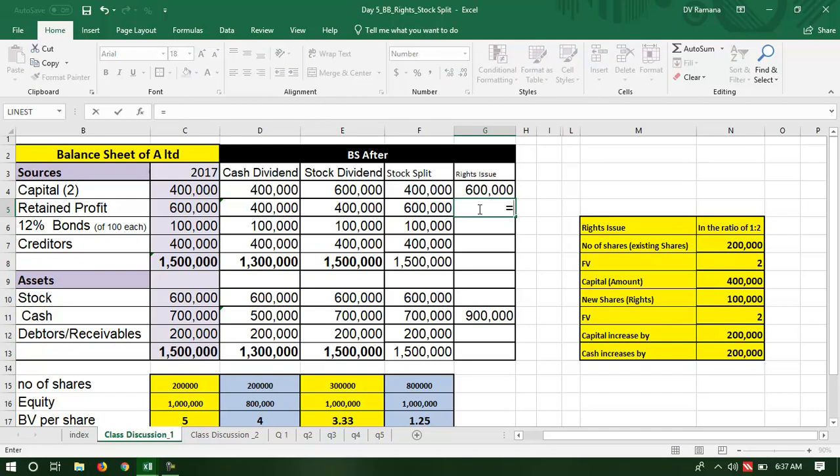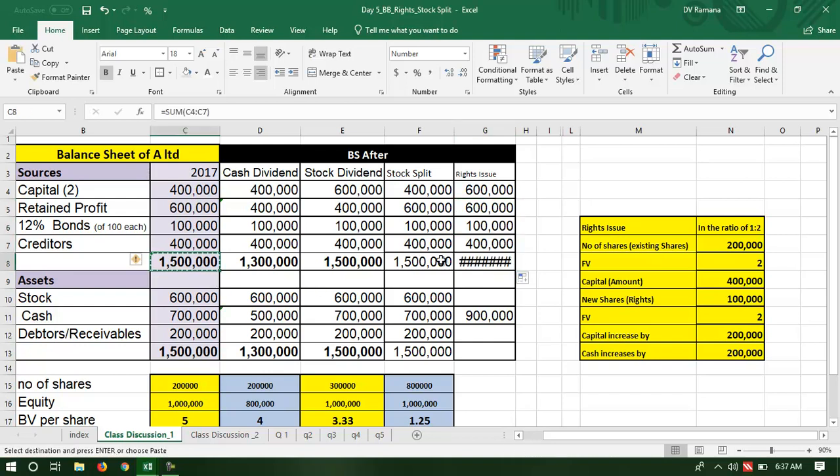Did the retained profit change? No, because rights issue is not a distribution of profit. Did the bonds change? No change in any other item, because it is only the change in the capital, and the capital has increased because of the issue of rights shares.